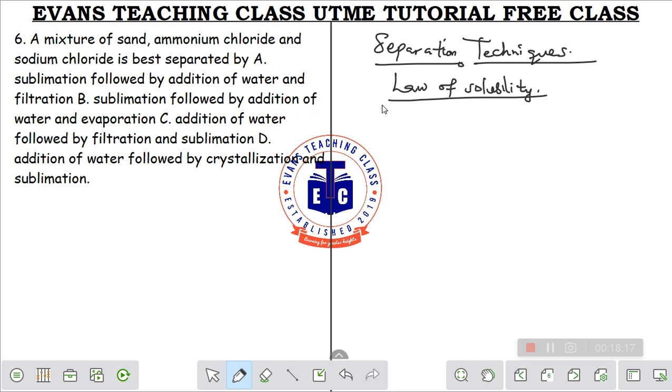So look at this law of solubility. It just talks about the salts that are soluble. Whenever you see any sort of sodium, potassium, and ammonium salts, they are soluble. Any sort of NO3, nitrate, is soluble.